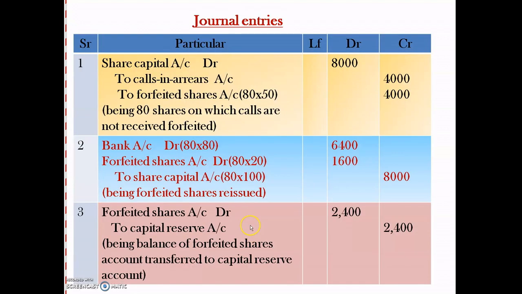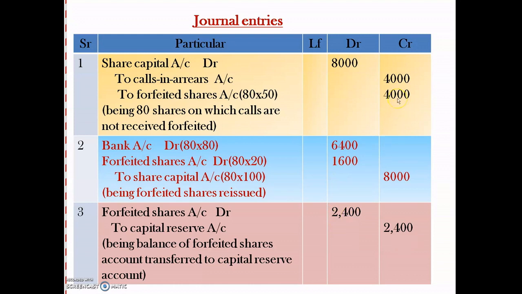To forfeited shares account credit amount, that is here 4000. See the cursor, here credit balance 4000, forfeited shares account debit, so debit balance is here 1600. So 4000 minus 1600, that is 2400. That amount is transferred to capital reserve account.